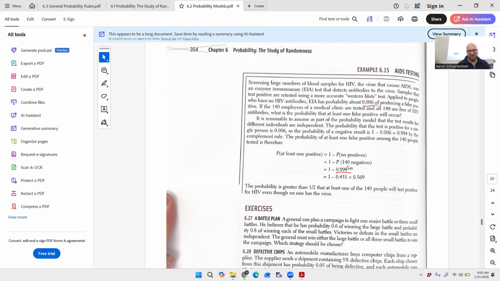So 0.994 is the probability of no positives, so they all come out correct. You end up with basically a 57% chance that you're going to have somebody come back with a positive. Not likely that it'll be you, but likely that someone will. More likely than not, even though the test individually was very low.